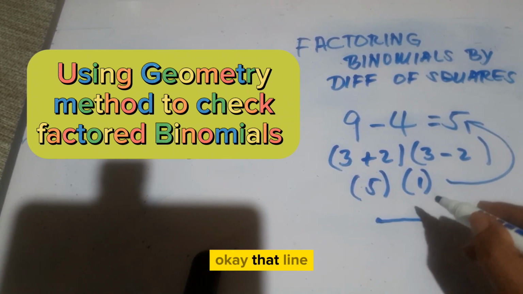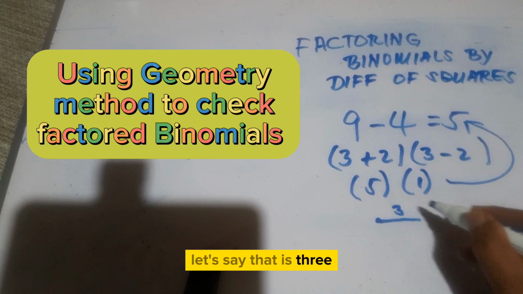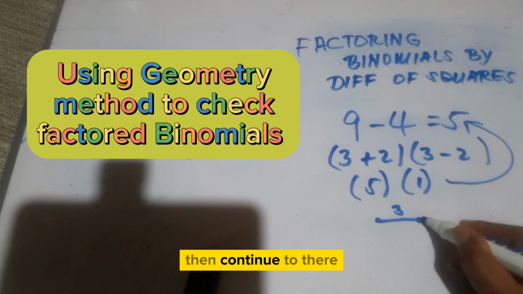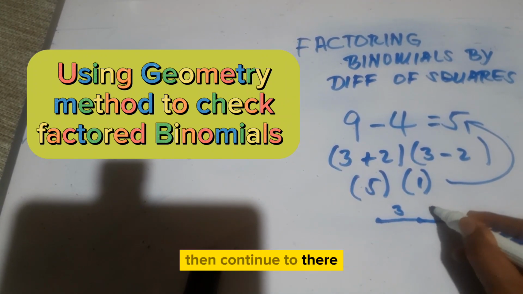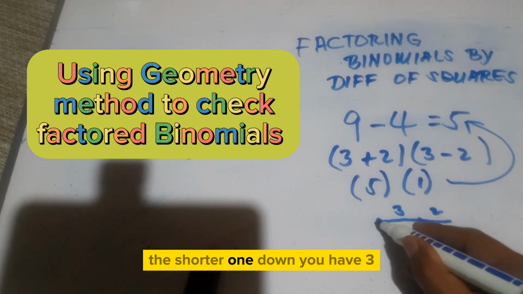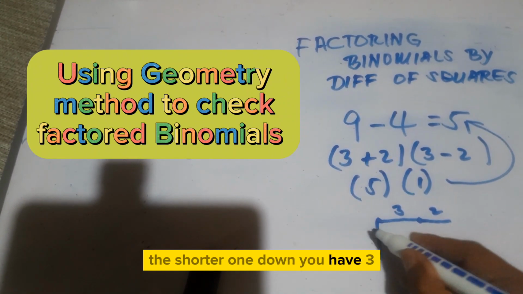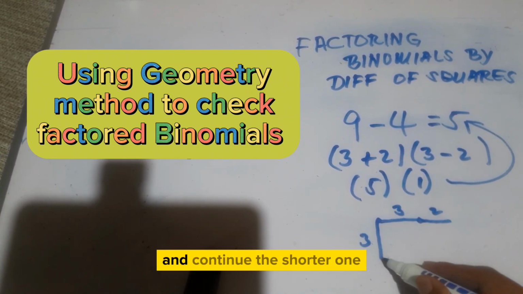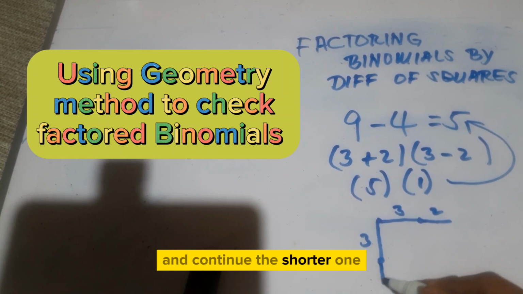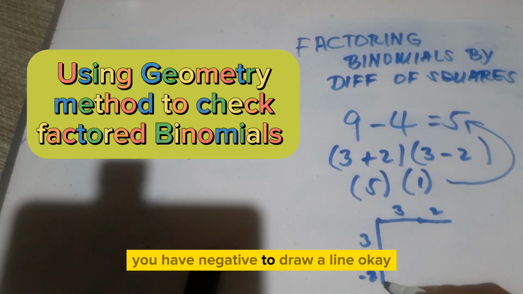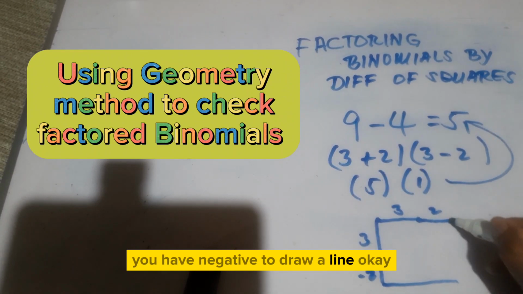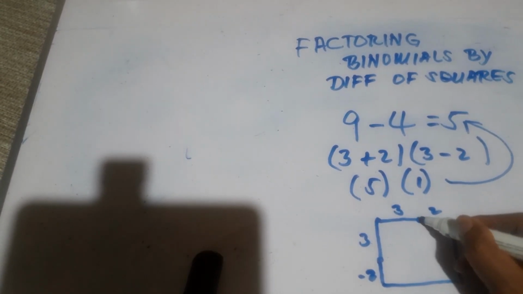That line, let's just say that is 3. Then continue to there, that's your 1. Down, you have 3. And continue, that's your 1. You have negative 2, through a line.